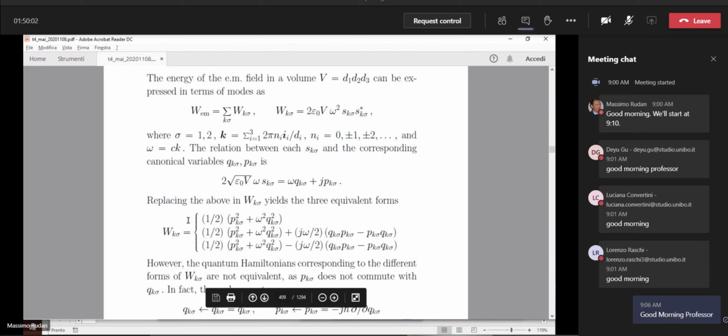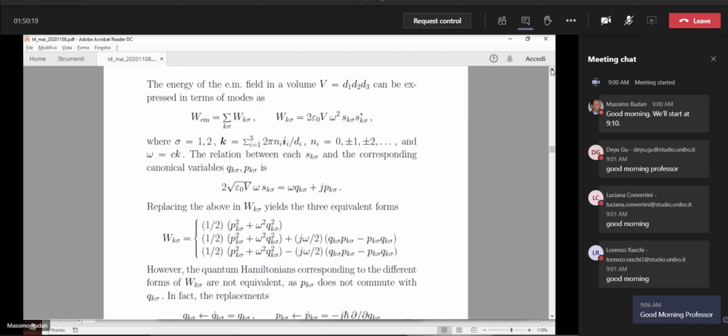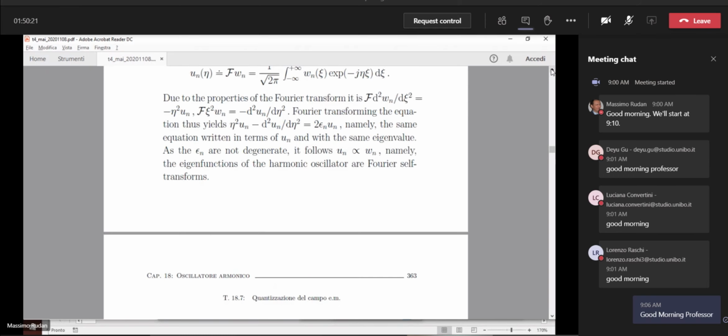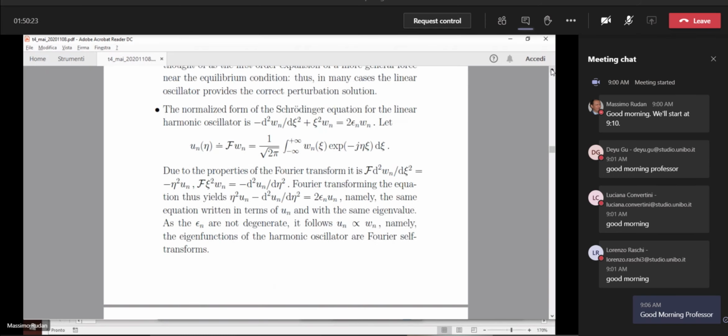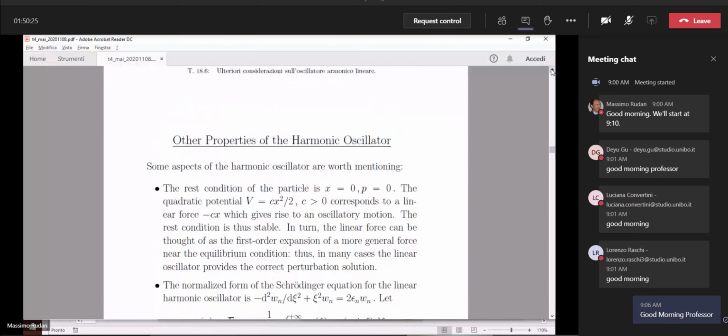If you look at the first line of the brace, you have 1/2 P squared plus omega squared Q squared. But this is exactly the expression of the linear harmonic oscillator. We go back to the linear harmonic oscillator.